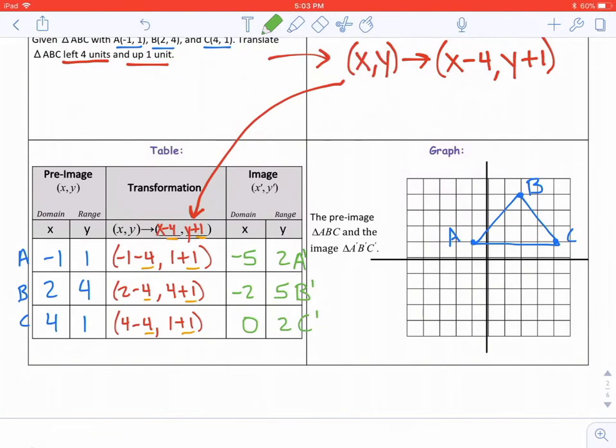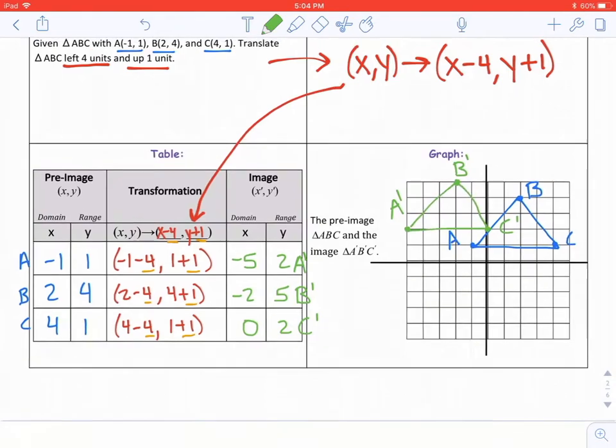Grab my green pen. So now the image is going to be in green. -5, 2 is A prime. -2, 5 is B prime. And then C prime is 0, 2. Let me make it look a little straighter.